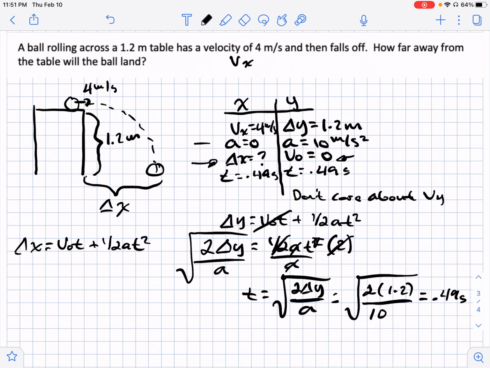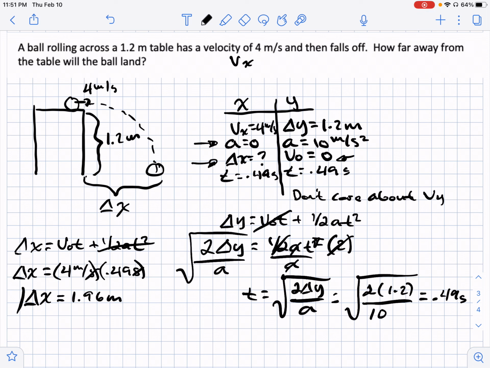And now my acceleration is equal to 0, so all of this is going to cancel out. So your displacement is just going to equal the initial horizontal velocity, which was 4 meters per second, multiplied by the time, which we just solved for, 0.49 seconds. So your seconds cancel, and your horizontal displacement is going to equal 1.96 meters.